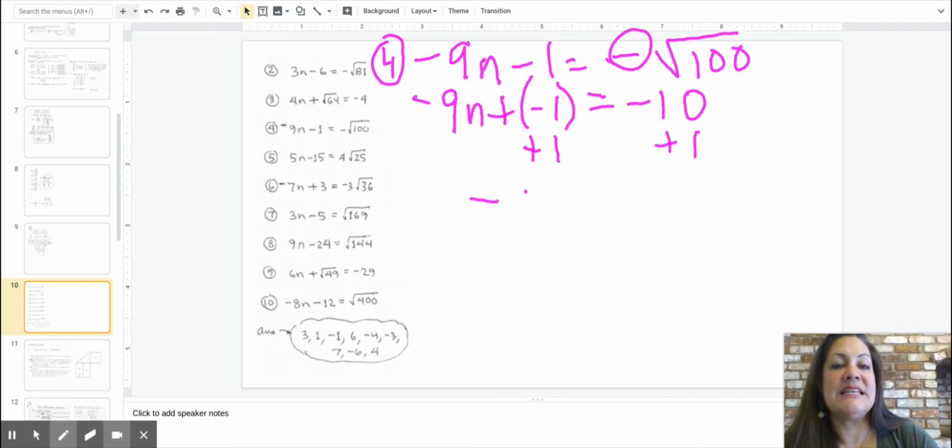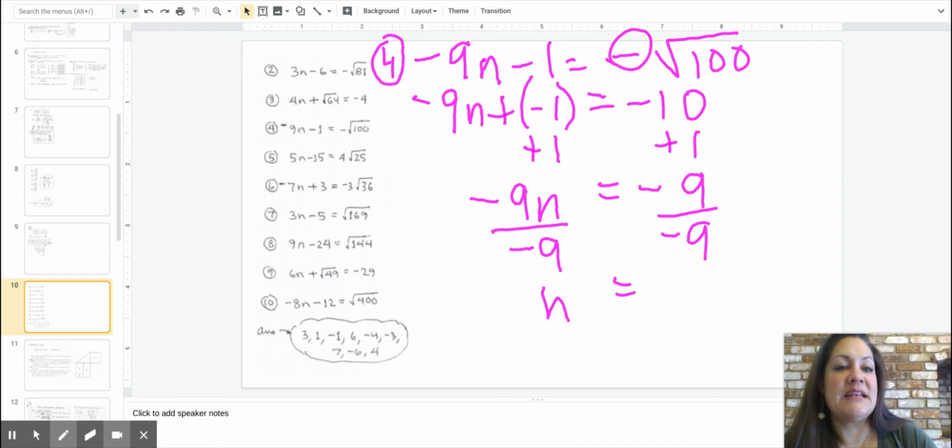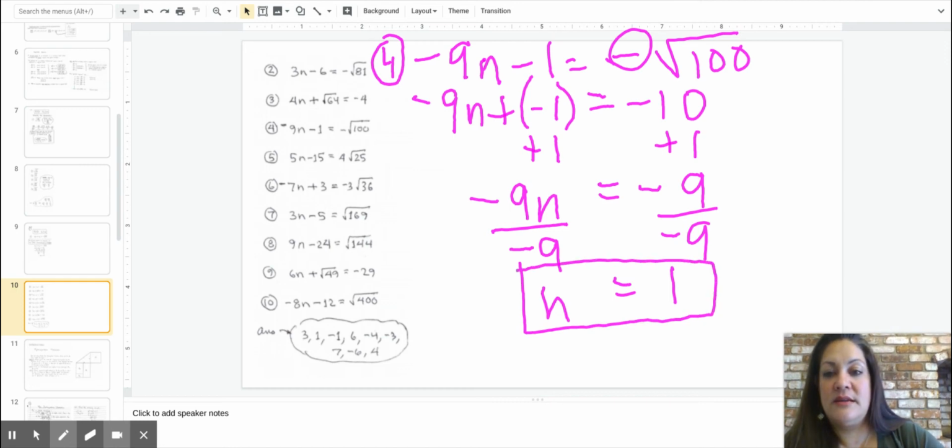That leaves me with negative 9n equals negative 9. Divide each side by negative 9. Negative divided by a negative is a positive, so n equals 1. And there it is.